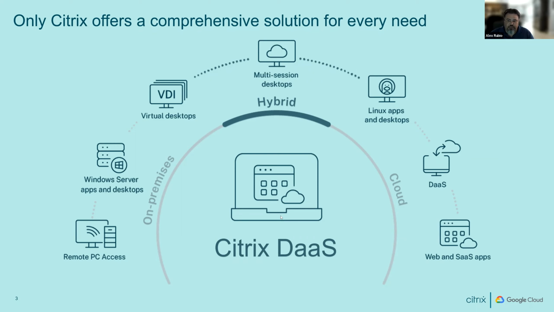We also provide the flexibility to host things on-prem, hybrid, which most customers are, or in a pure cloud environment. We know a lot of customers are in different areas of their journey to cloud. Some are very on-prem focused, which is okay.